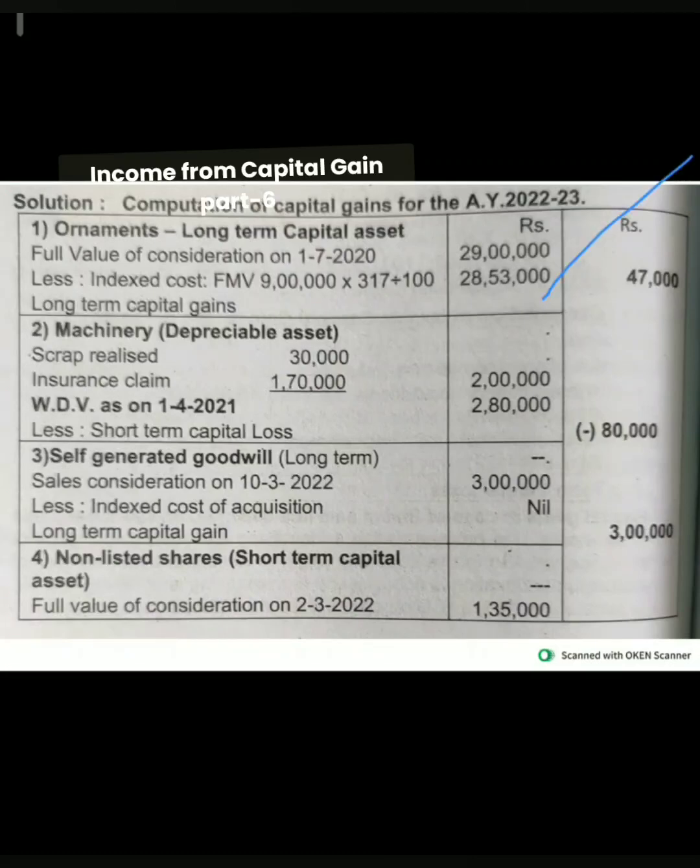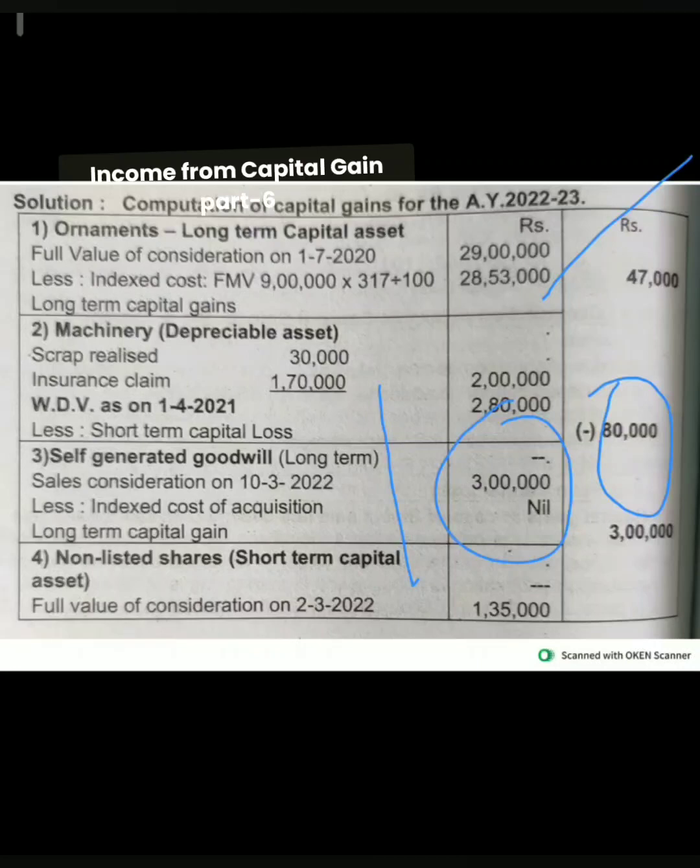So here, long-term capital asset: full value of consideration 29 lakh sales value, less indexed cost of acquisition. These ornaments were purchased before the base year 2001-02, so for the base year CII we have to consider 100.